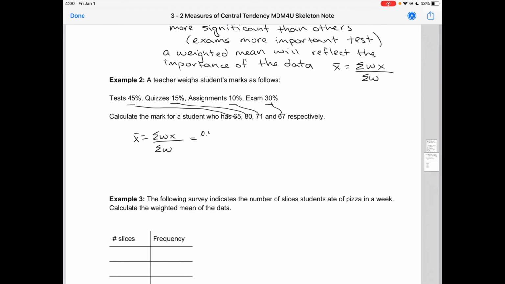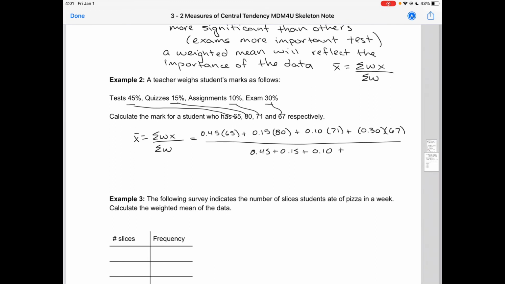So the first one is my test, so that's worth 45% times my mark, 65, plus my weighting for quizzes times the mark on the quiz, plus the weighting for the assignments times the assignment, plus the weighting for the exam times the mark I got on the exam, and then I'm going to divide by the sum of my weights: 45%, 15%, 10%, and 30%.